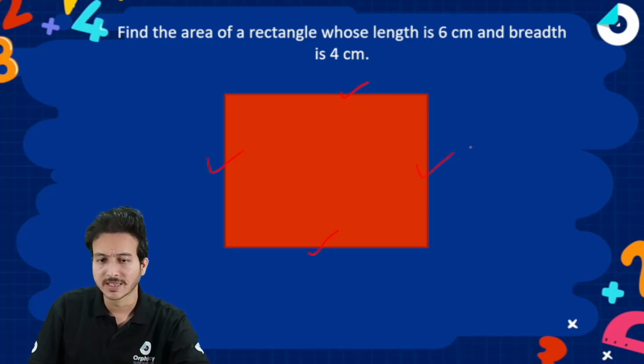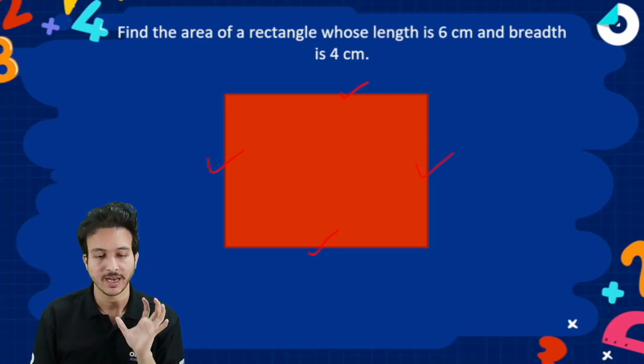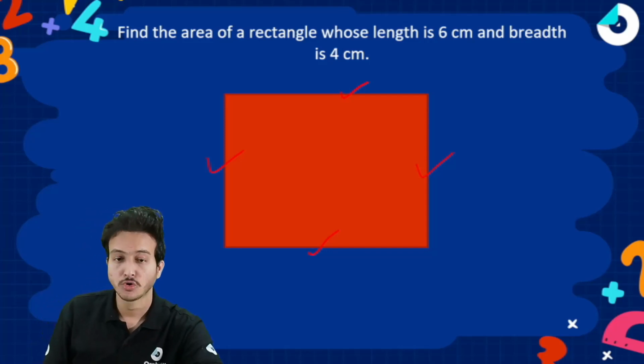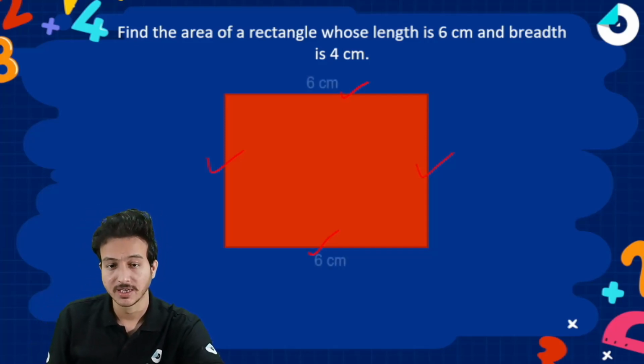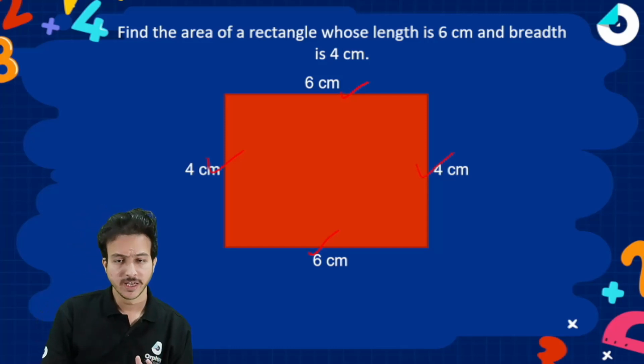So these sides are parallel as well as equal. That means the lengths of these two sides are always equal. It is given that the length of the rectangle is 6 centimeter and the breadth is 4 centimeter. Now you need to find the area of the rectangle.